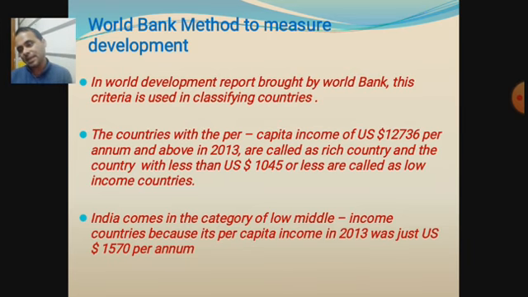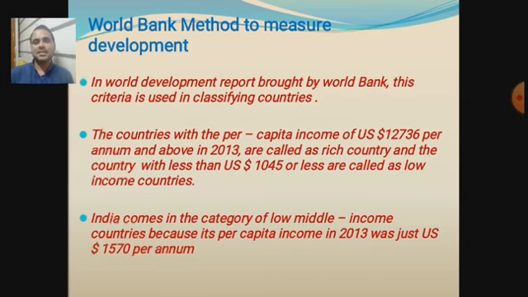So if we see the criteria World Bank has brought to declare any nation as a developed nation, as per the 2013 report a nation with 12,736 US dollars is a developed nation, and a nation with 1,045 US dollars is an underdeveloped nation.